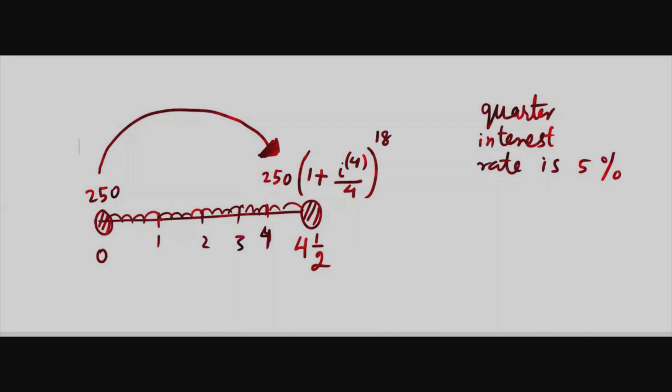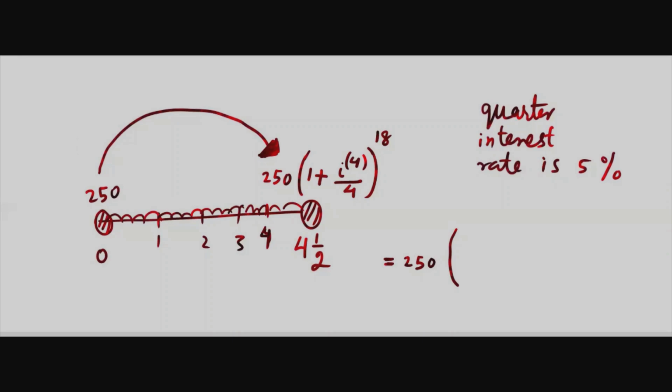Yes, sir. Now, tell me where I need to put 5%. Instead of i4, sir. Okay, instead of i4. Tell me where I need to put 5%. i4. Okay. Where do I need to put 5%?